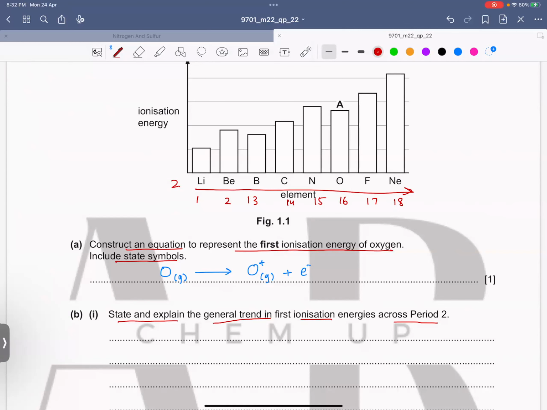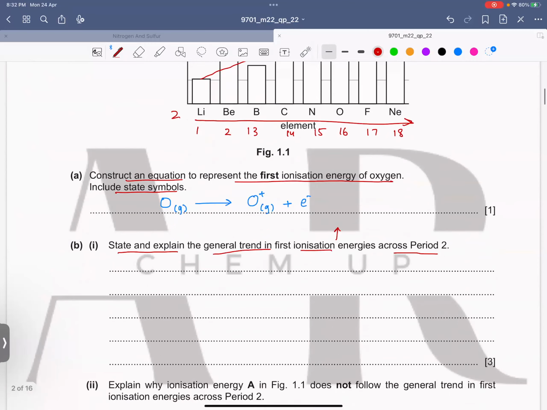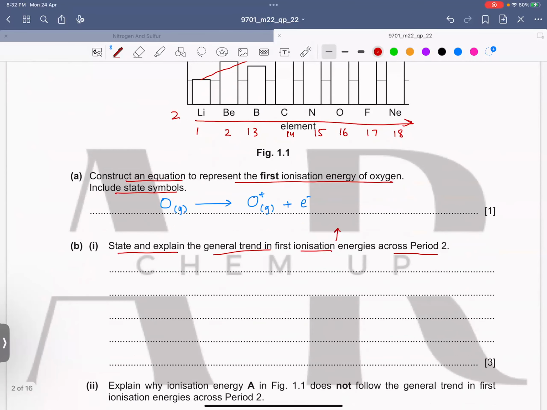If you observe the general trend from here till here, the ionization energy is actually increasing.